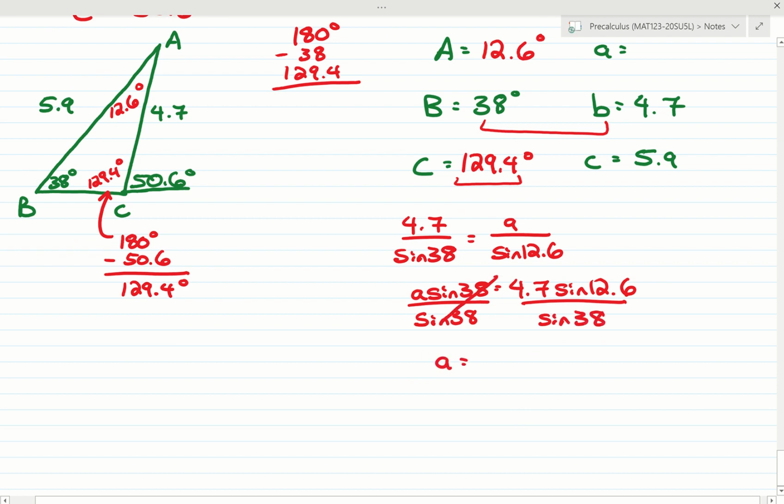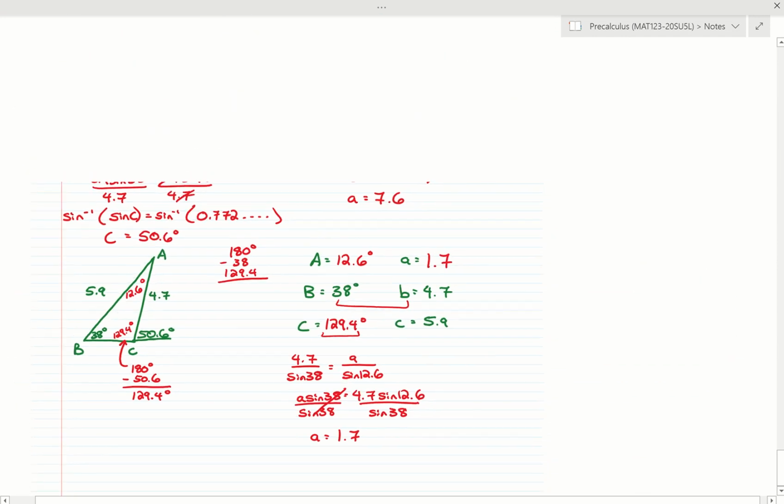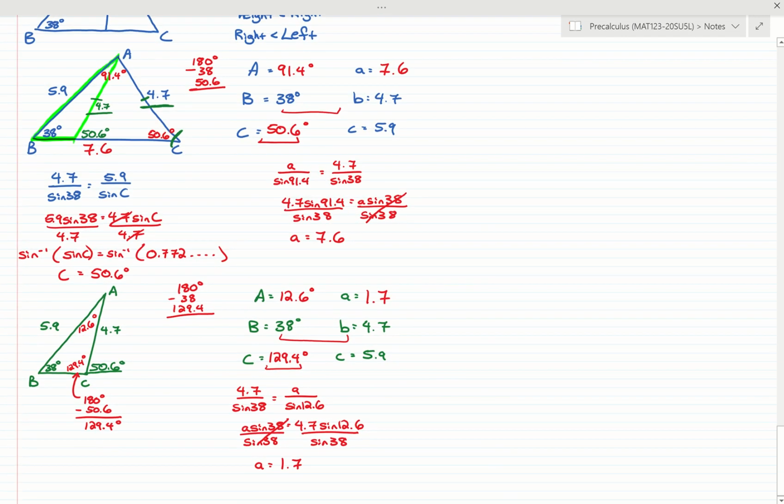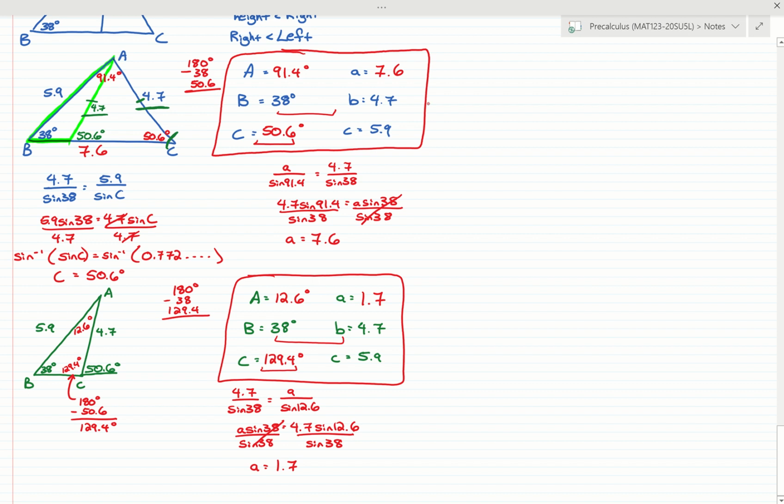And we'd get side A is equal to 4.7 times the sine of 12.6 divided by the sine of 38 equals 1.7. And that gives you the second triangle. So our answer for this problem, the two triangles, this is one triangle, the normal triangle, but we actually use that to get the second triangle.